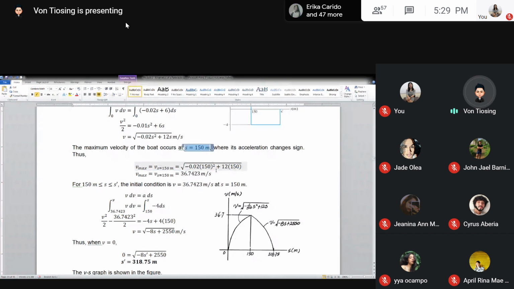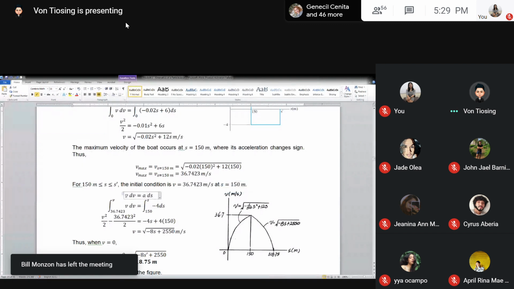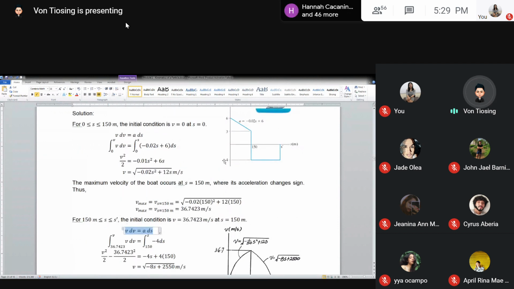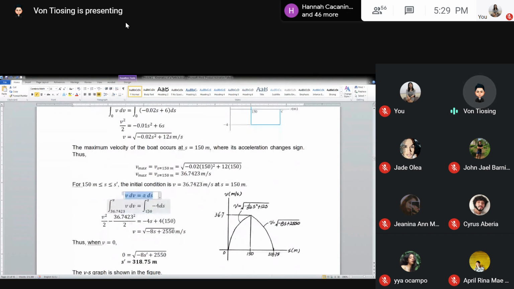At s equals 150 meters. Unless there is a change doon sa first and second motion. Okay, so we have v dv equals a ds again. Integrate natin. So in this case, ang acceleration natin ay negative 4. So ang initial condition when s equals 150 and certain value ng s, no?